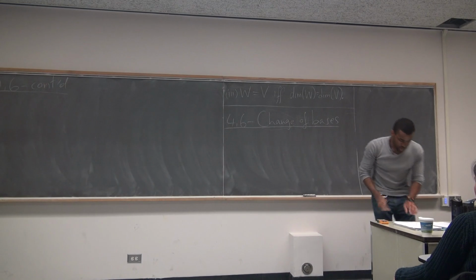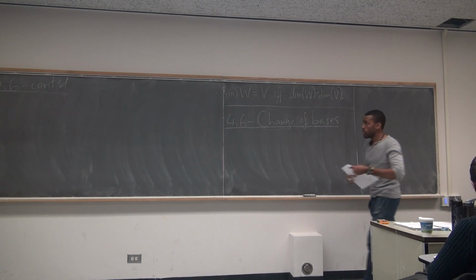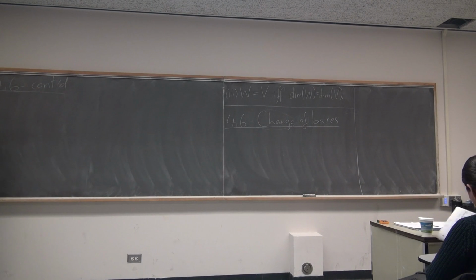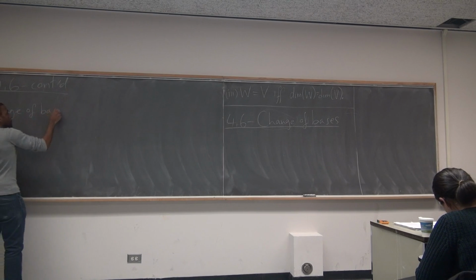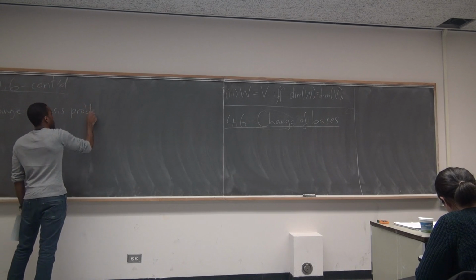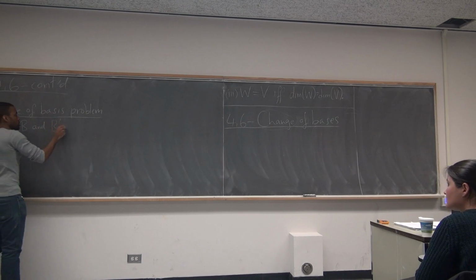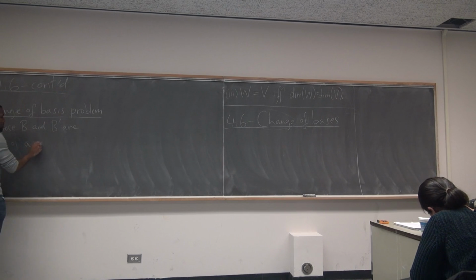So let's actually do that. This idea is that problem that I just mentioned. That's known as the change of basis problem. Suppose B and B prime are bases of a vector space.